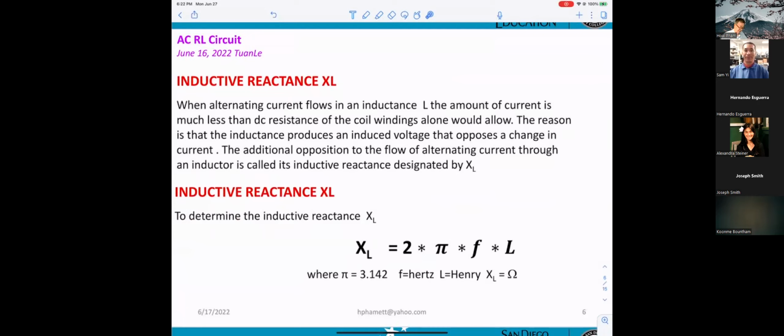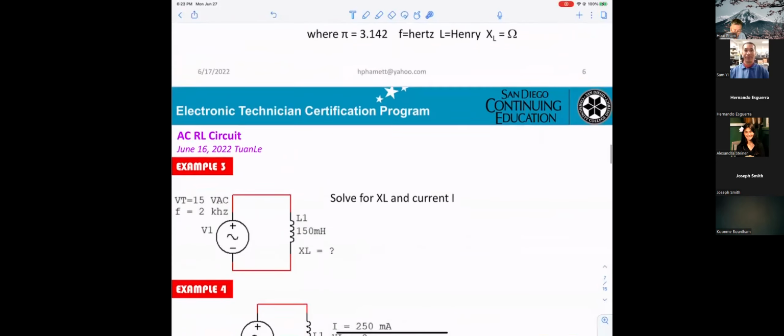However, for the AC circuitry, an inductor will now get resistance, and calculate by the formula XL equal to 2 pi FL. Pi, you know, F in Hertz, L will be Henry, XL will be in ohms. Same thing like XC.